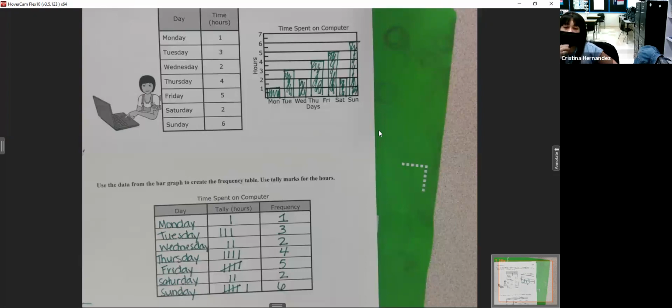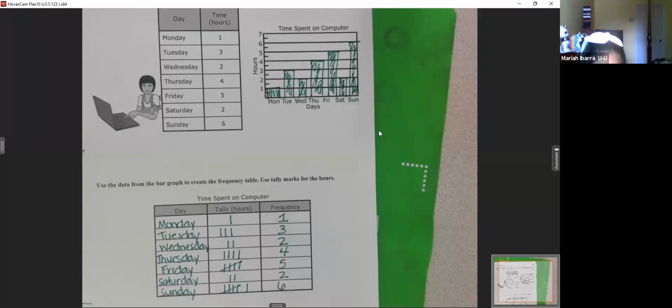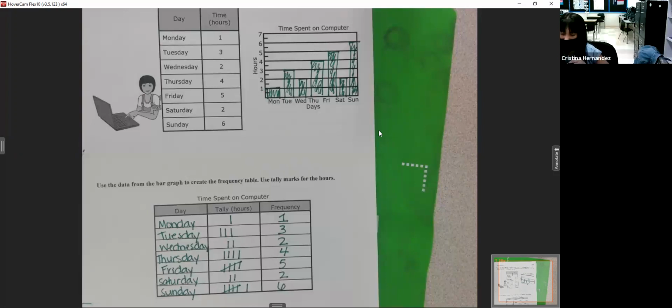Which, or what is the difference between her most hours and her least hours? What would be the difference between those 2? Well, one's on the weekend, and then the other one's not. No, I guess I asked that wrong.